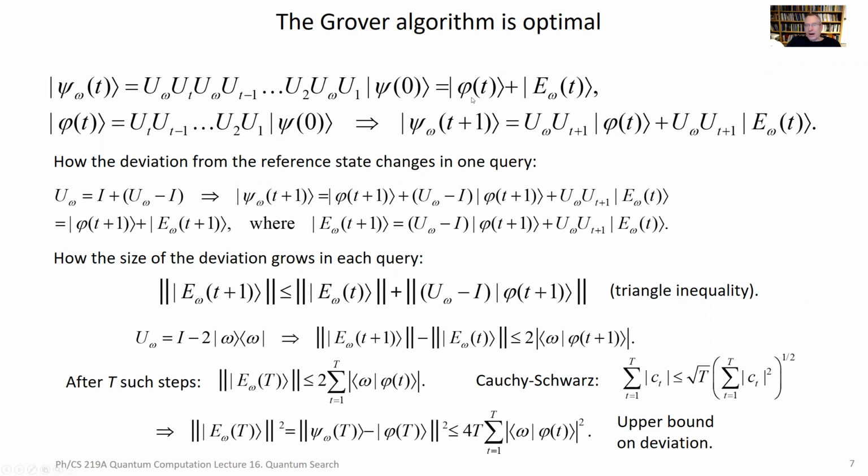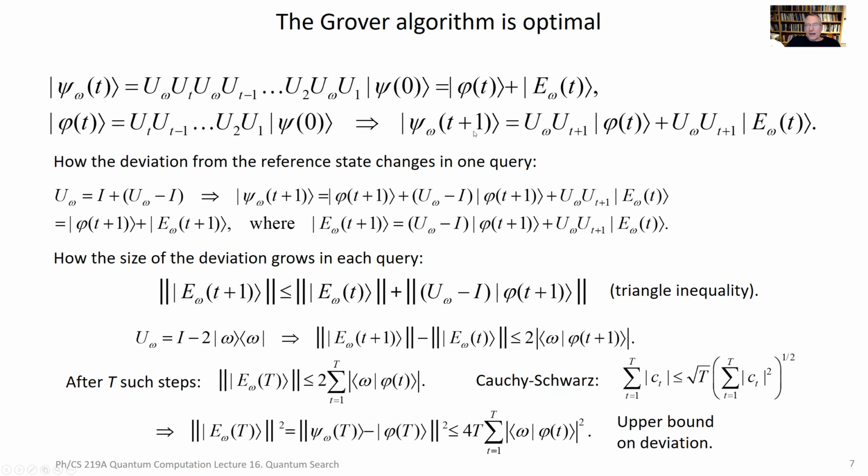That's obtained by acting on psi of t with u t plus 1 and u omega. Psi of t is equal to phi of t plus deviation of t. So I have u omega u t plus 1 acting on phi, the reference vector, plus u omega u t plus 1 acting on the deviation. And that's what psi sub w is after one more query.